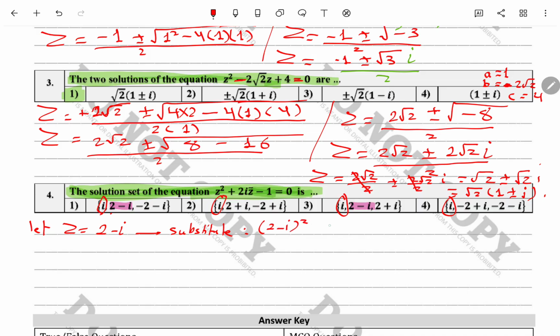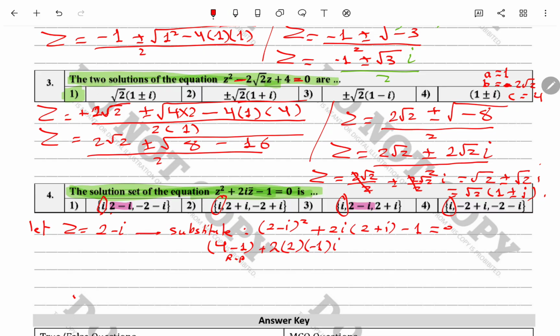2 minus i all squared plus 2i times 2 plus i, because it is a conjugate, minus 1 all equals 0. I will use the perfect square rule in expanding 2 minus i squared by getting 4 minus 1, this is for the real part, plus, always between the real and imaginary, 2 from the rule times the real times the imaginary part.